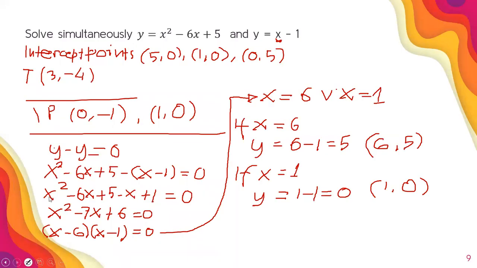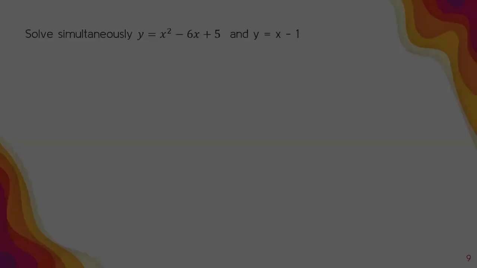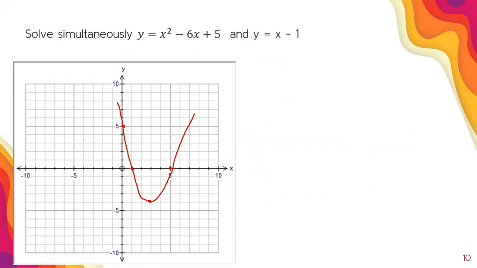Sorry, this one. (1, 0) and (0, negative 1). (1, 0) here. (1, 0) and (0, negative 1) here. Okay, we will draw a straight line from here.